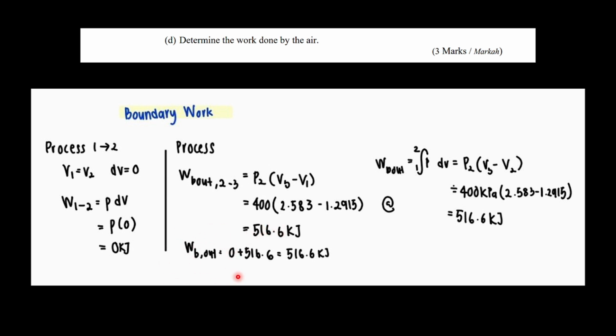So the total boundary work out is 0 plus 516.6, which is 516.6 kilojoule. Or the alternative way, using the formula boundary work out equals the integral from 1 to 2 of pressure times the change in volume, P times V3 minus V2, and we get the same answer, 516.6 kilojoule.